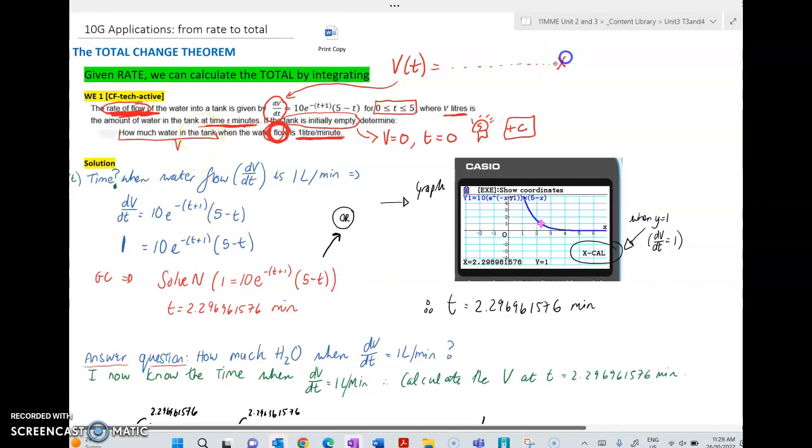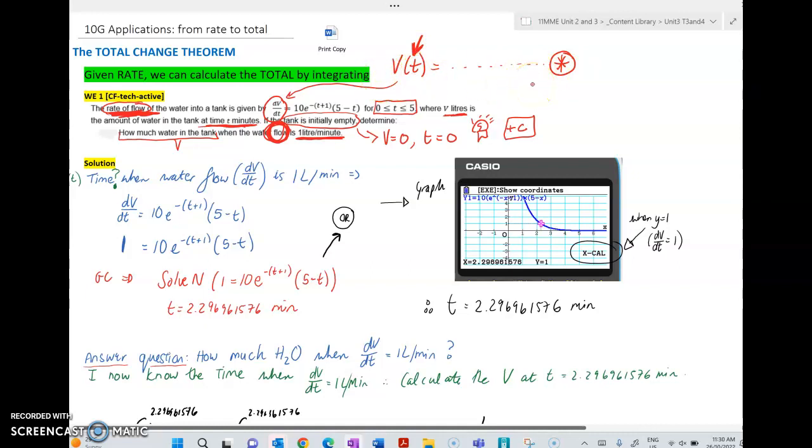You're going to need this function over here that gives you the volume at any particular time. At this stage, all you know is that the flow of water is 1 liter per minute. So you're going to use this information to find the time so that you can substitute that time into your volume function to find the volume.